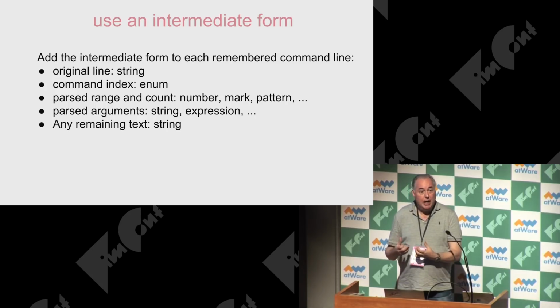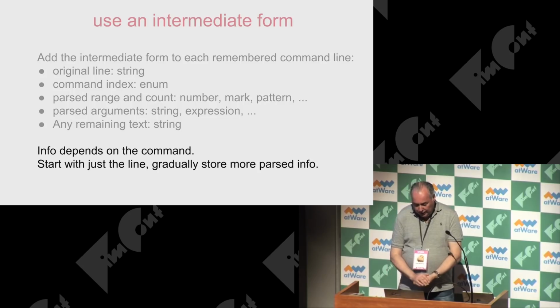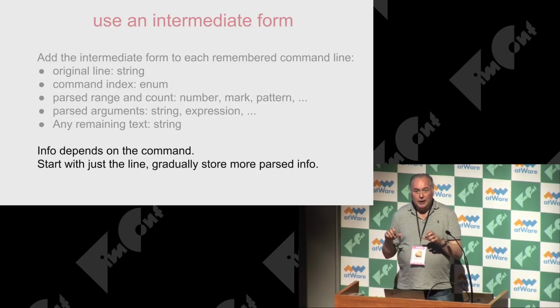If there's an if statement, you could parse the expression and turn the expression into some kind of bytecode. This works in several places, and other places it doesn't work. So the best way to do this is to just start with the text, parse the things you know, add them to the structure that's used to execute it later, and gradually add more and more to it, depending on what turns out to be faster.